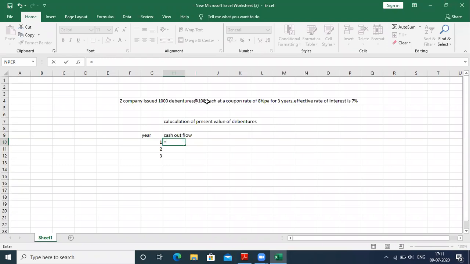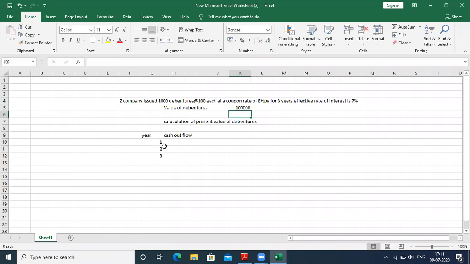So we'll be getting an amount of 1 lakh. So here value of debentures will be the total debentures the company issued is 1000, and each debenture cost is 1 lakh.